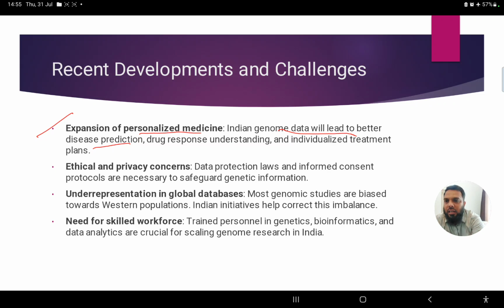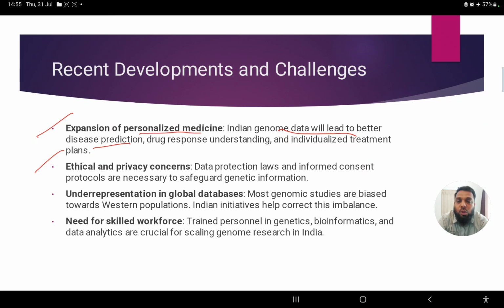Again, there are some concerns called ethical and privacy concerns. Like if entire genome data is being copied, right, then there are privacy concerns, like your personal data. Let's say if you are giving your bank details, Aadhaar, to some organization, what if it is being misused? So there are ethical concerns, there are privacy concerns.